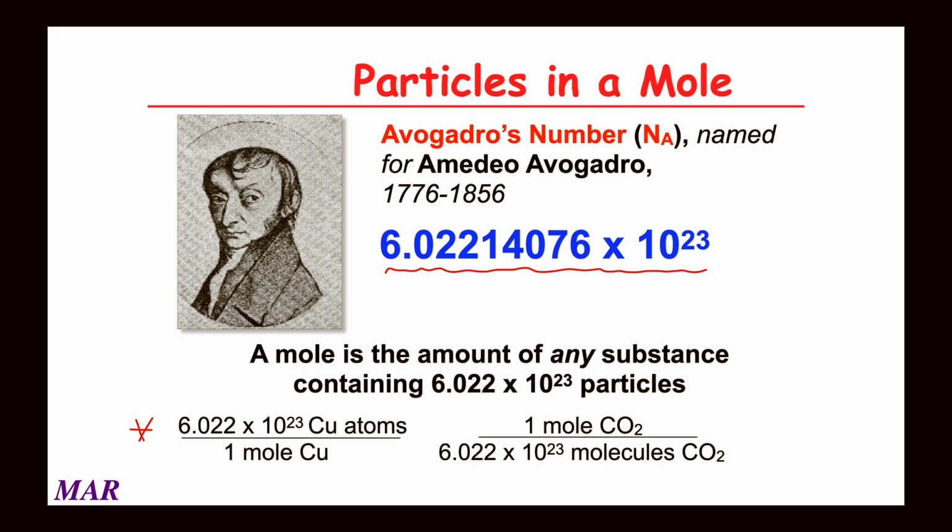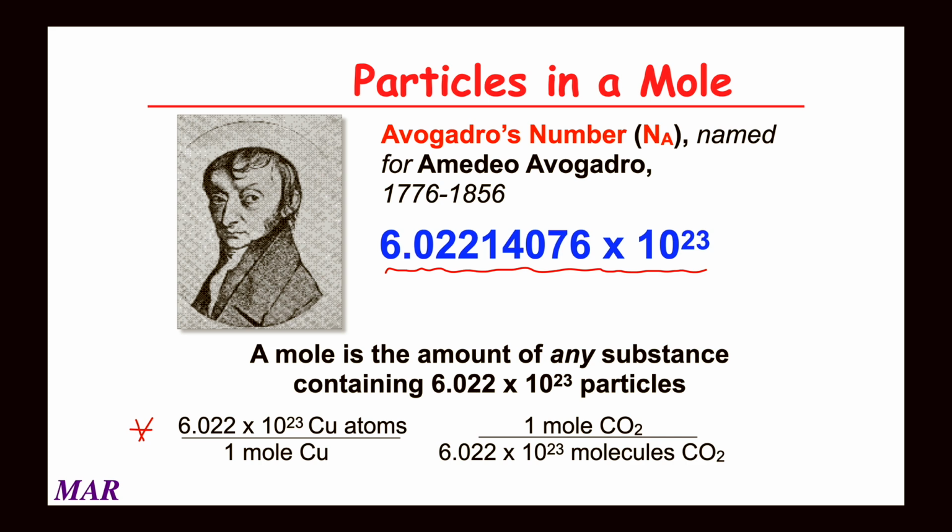You can also have a mole of carbon dioxide molecules, no problem. And again, a mole of anything, 6.022 times 10 to the 23rd. So if you have a mole of carbon dioxide, you would have 6.022 times 10 to the 23rd of them. If you had a mole of roses, you would have 6.022 times 10 to the 23rd roses.